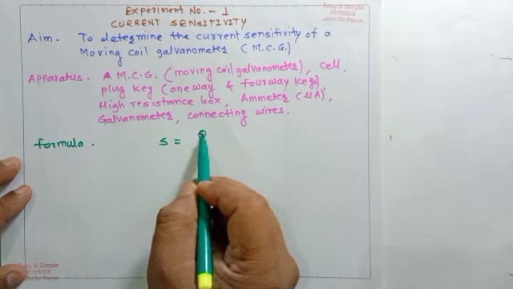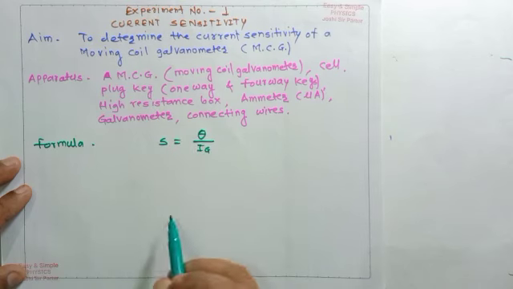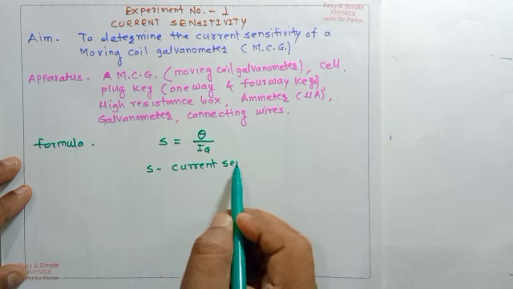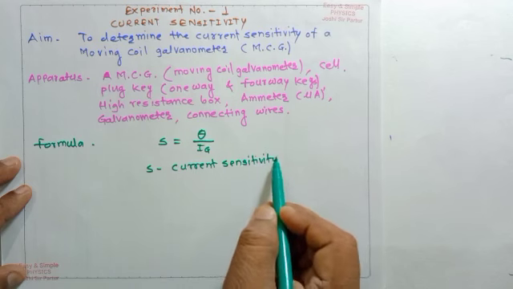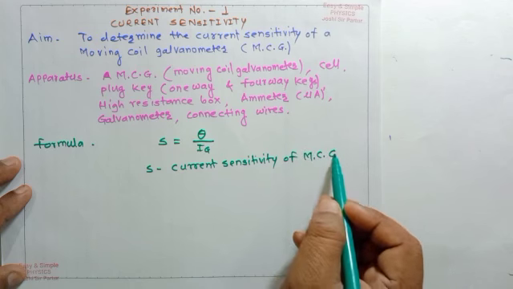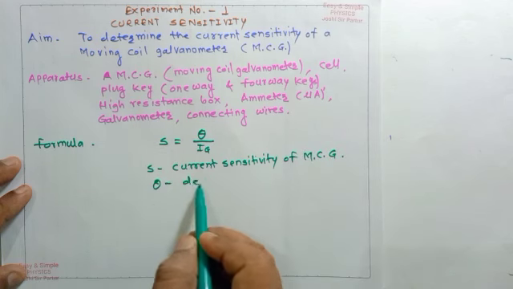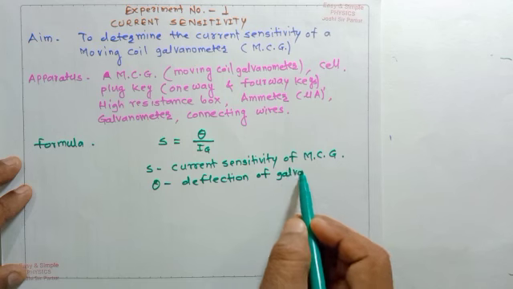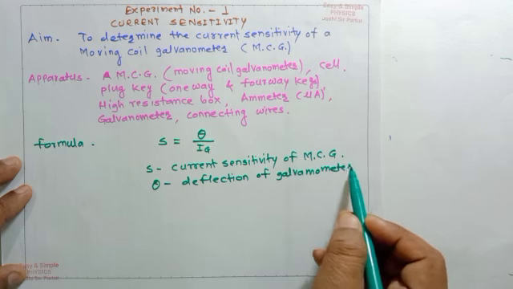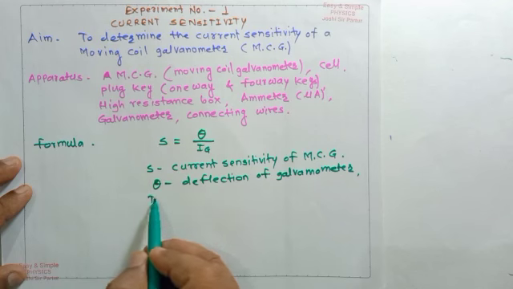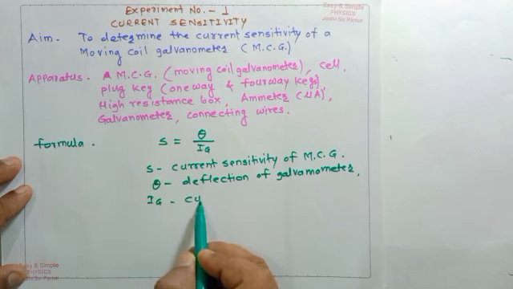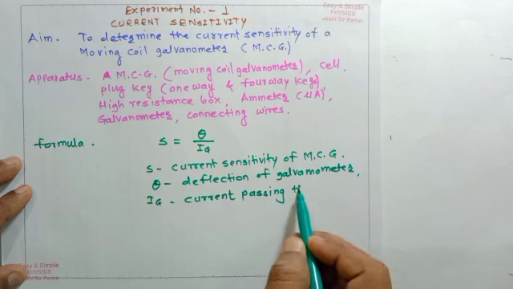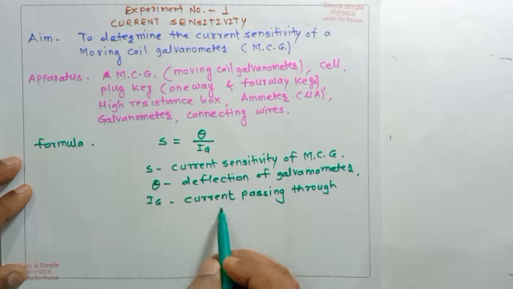S is equal to theta upon Ig, where S is the current sensitivity of the moving coil galvanometer, theta is the deflection of the galvanometer, and Ig is the current passing through the galvanometer.